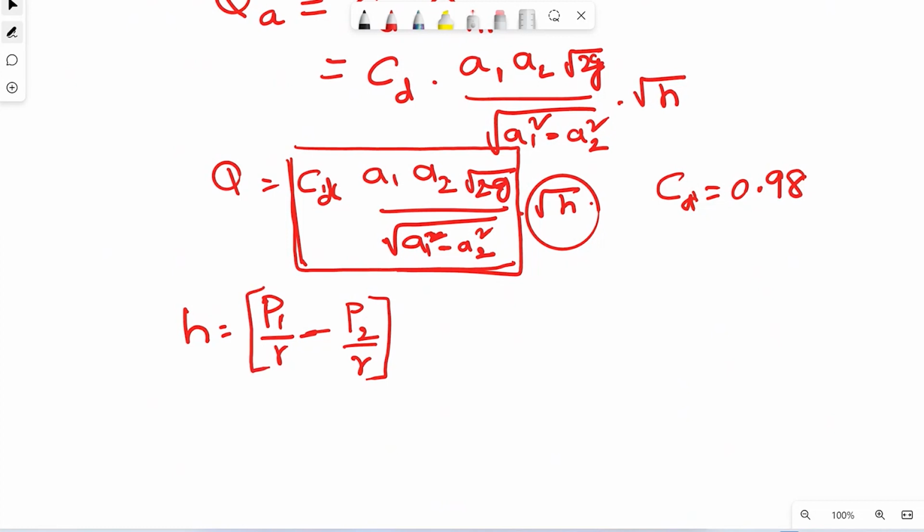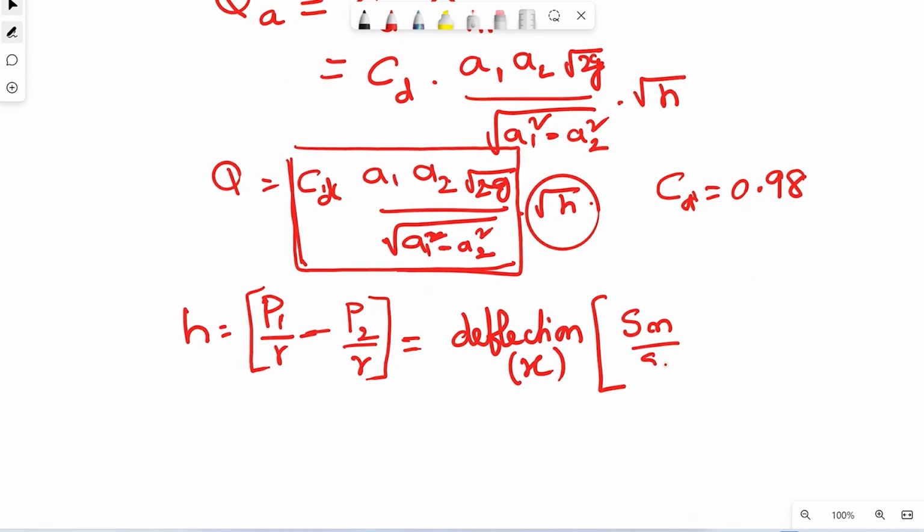You can directly see it from the manometer reading, that is, whatever the deflection, it is X into (SM, the manometric fluid, by S1, the flowing fluid, minus 1).